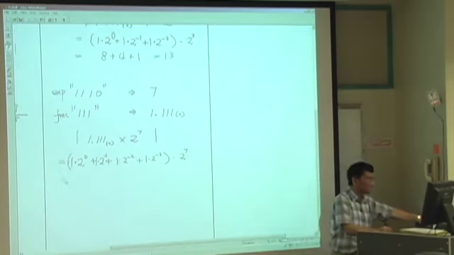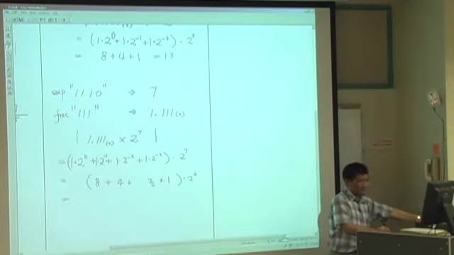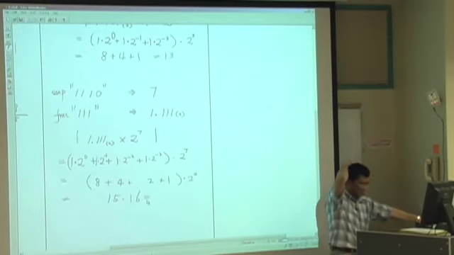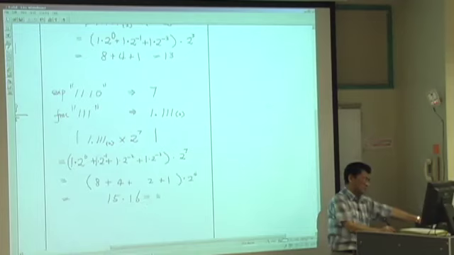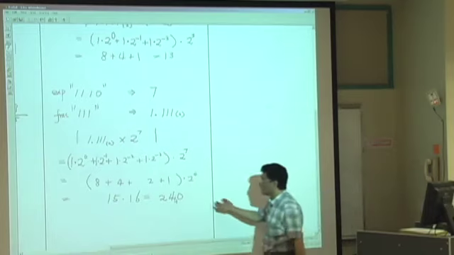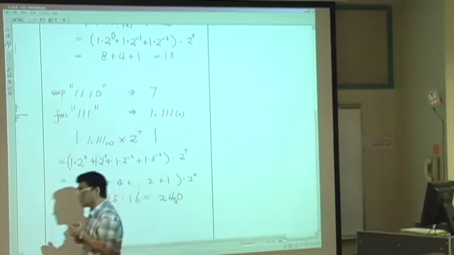Then we multiply 2 to the power of 3 inside, then 2 to the power of 4 is remaining, and 2 to the power of 3 is multiplied, then 1 plus 2 plus 4 plus 8. So the total is 15 multiplied by 16. So the maximum number that we can represent using this is 240.